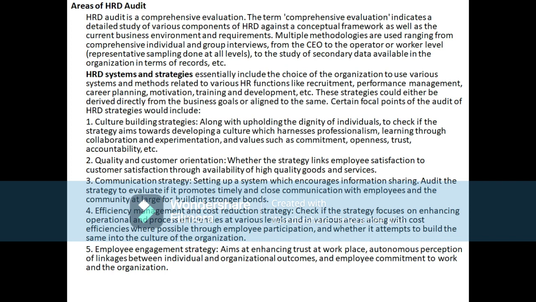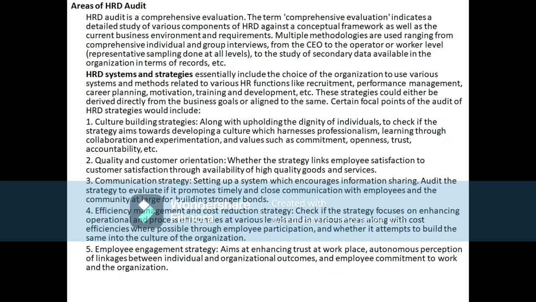Okay, and for each and every assessment of all these five areas, the auditor will have a definite framework in order to assess the areas of the HR systems and strategies. For example, the extent of clarity of the objectives: how clear are the objectives?